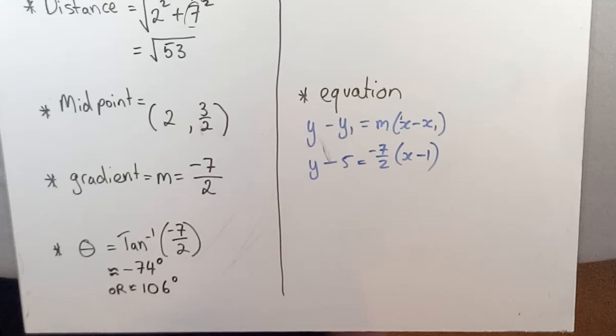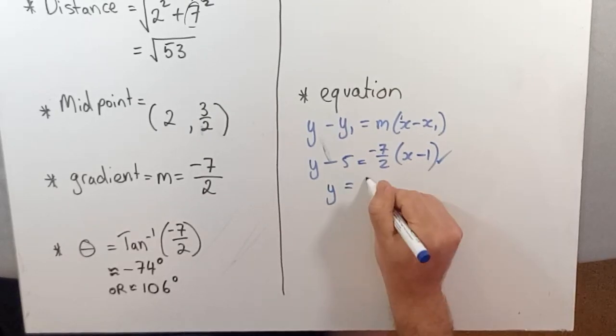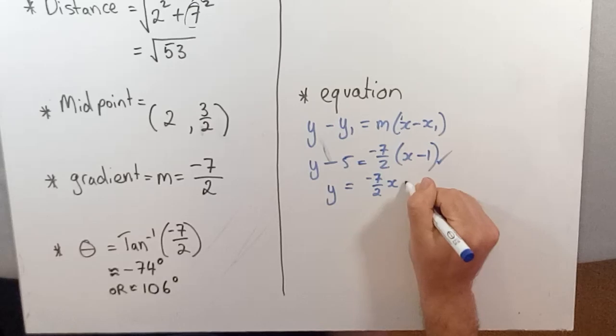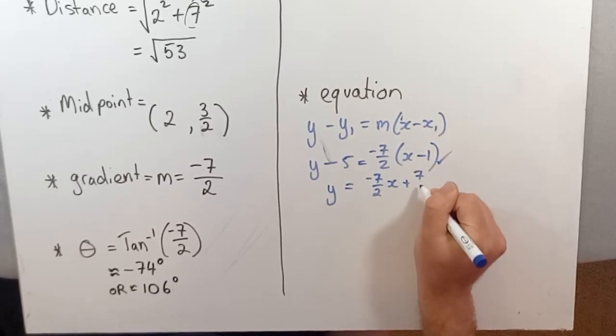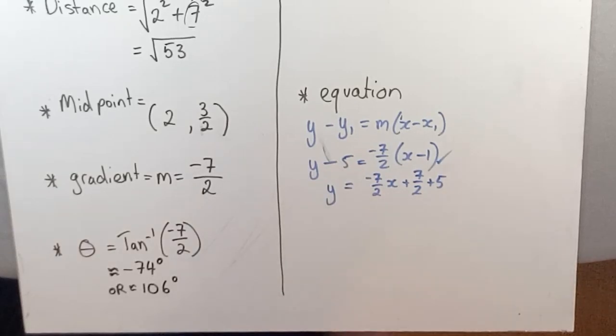Okay, and then if I want to get it into different forms, that's it. That's the answer. I could just leave it there unless they wanted the question in different form. So if I wanted it in different form, I could expand it out. Have -7 on 2x plus 7 on 2, plus 5, moving that 5 across to the other side.